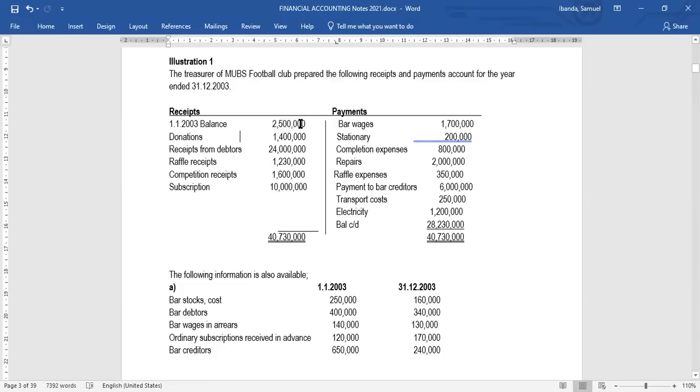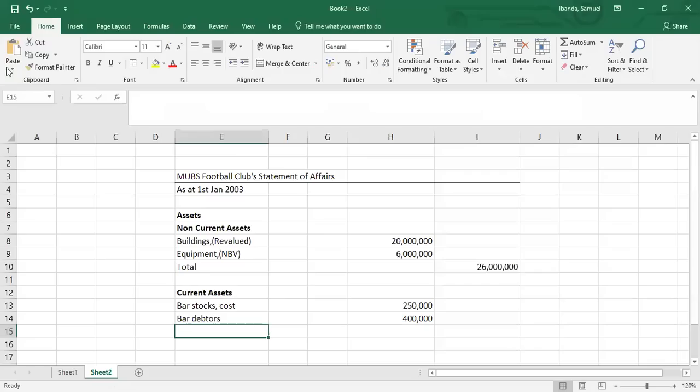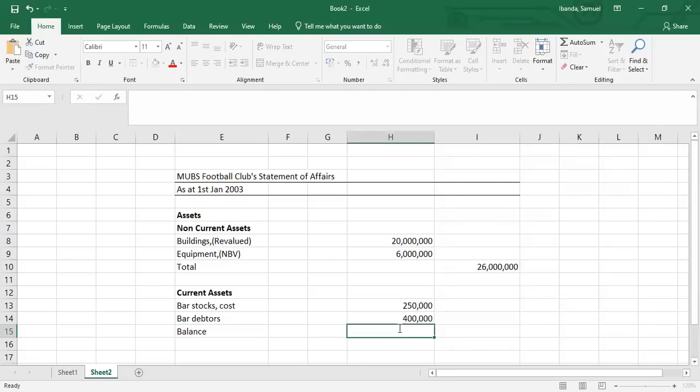So I'll just pick this. So that's my cash and bank.